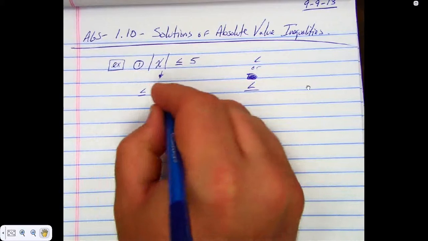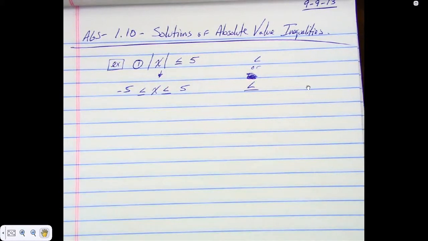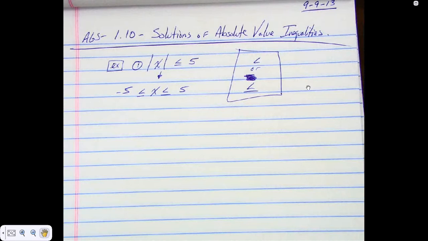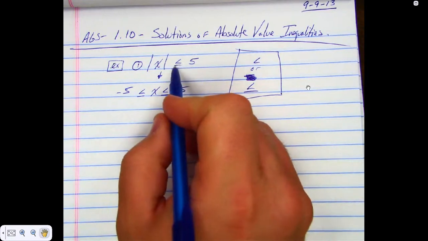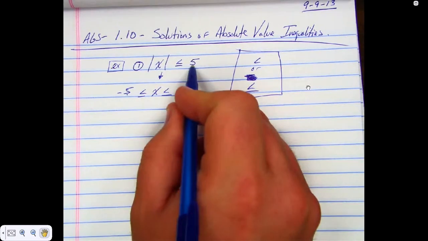It becomes this. What did I do? I made the x's greater than the negative of that, right?